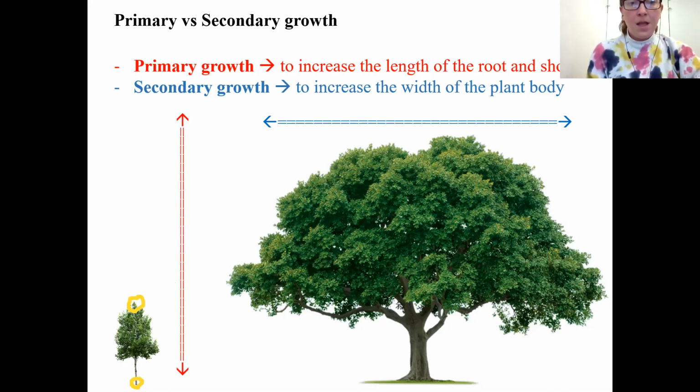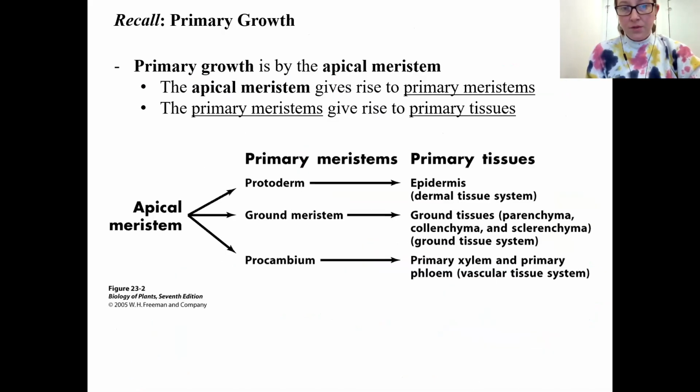And that's what primary growth is. Primary growth occurs, like I said, at those apical meristems that are at the tips, and those apical meristems at the tips produce these primary meristems.